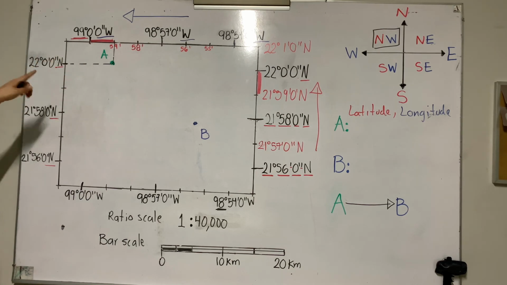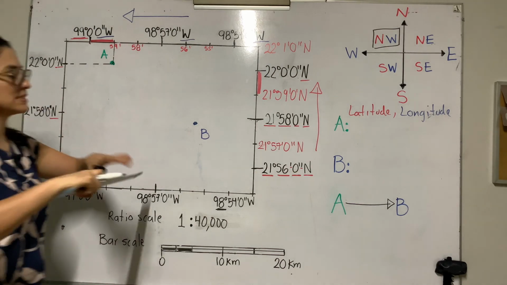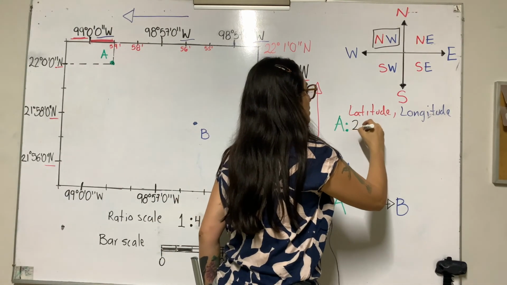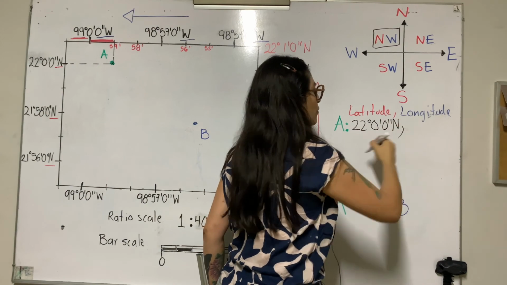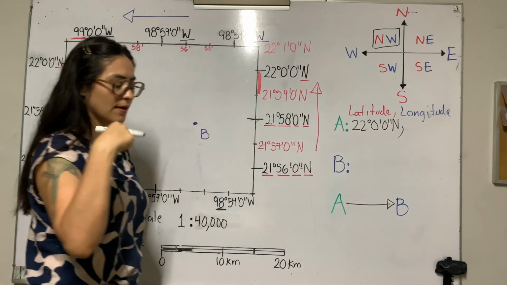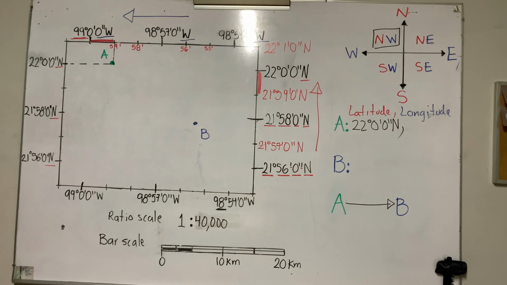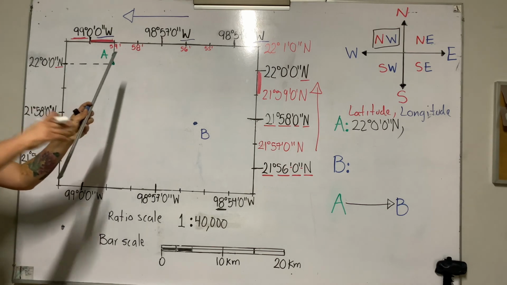That one is kind of easy, right? 22 degrees. So my latitude is 22 degrees, 0 minutes, 0 seconds, going north. It's important to write the direction. Without direction, we don't have a coordinate, right? And what about the longitude?